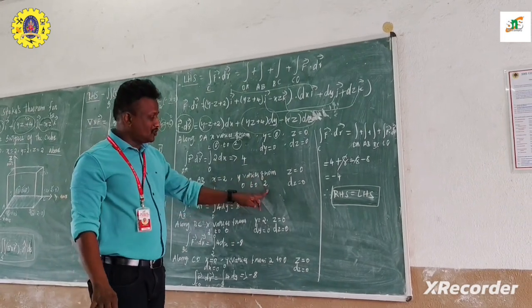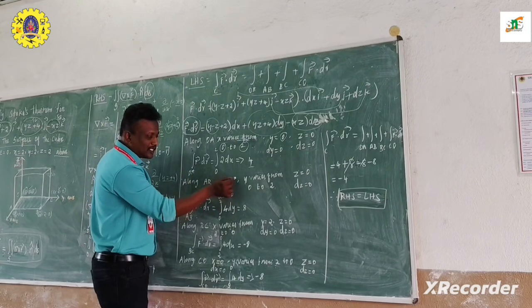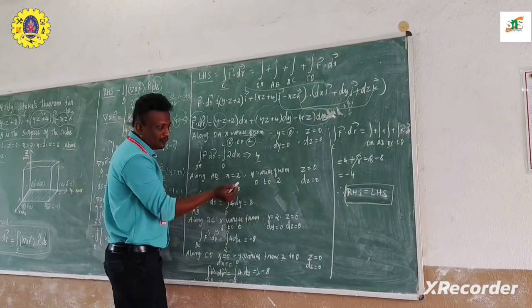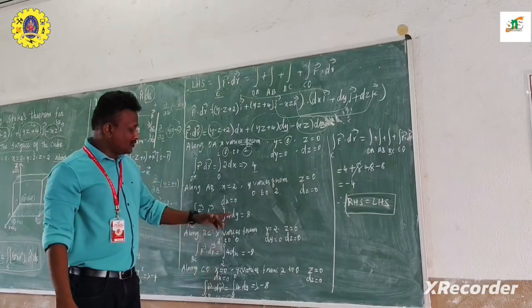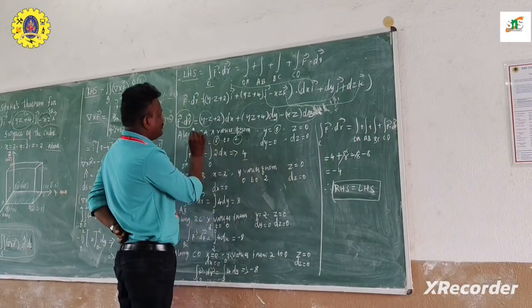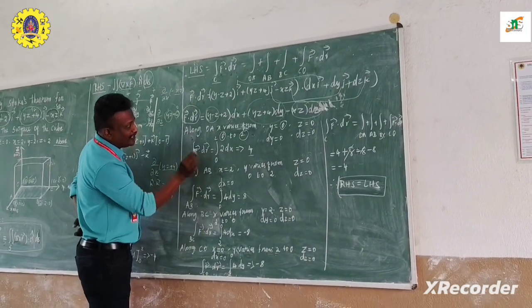Similarly z. Now x equal to 2 means it is constant. If x equal to 2, then dx is also 0. Now you have to substitute these results in your F vector dot dr vector, along AB.